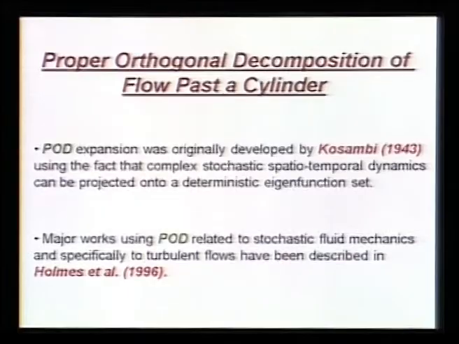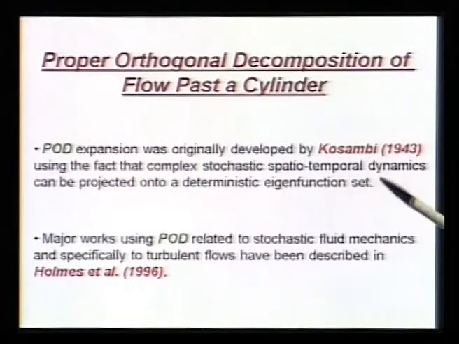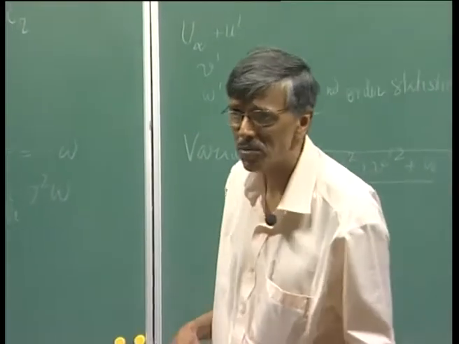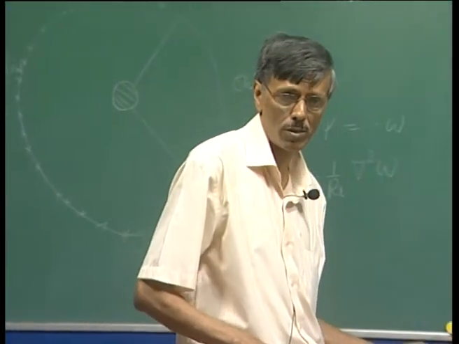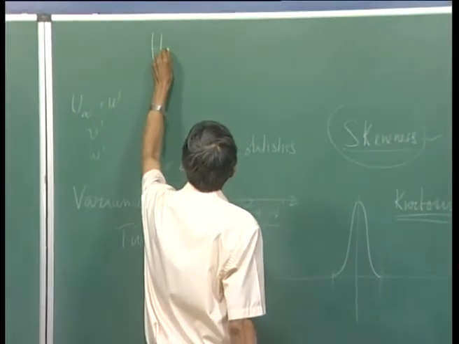That is where we use a technique called proper orthogonal decomposition, which was pioneered by Kosambi and later popularized by Professor John Lumley and his group. It is related to stochastic fluid mechanics, specifically in understanding turbulent flow, and is given in the monograph of Holmes, Lumley and Berkooz. You must be aware of this reference.